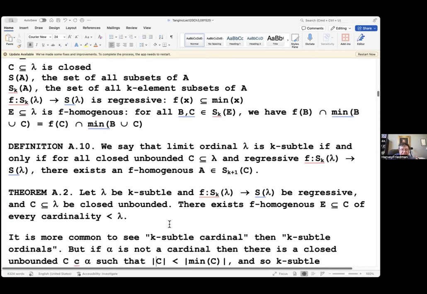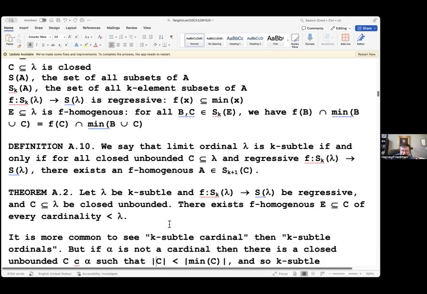So the main definition is: lambda is k subtle, where k is greater or equal to 1, if and only if for all closed unbounded sets C and regressive functions F from the k-element subsets into the subsets, there's an F homogeneous set A of cardinality k plus 1 inside the closed set C. So there are only k plus 1 k-element subsets of a k plus 1 element set, and the idea is that all those could cohere on their values.